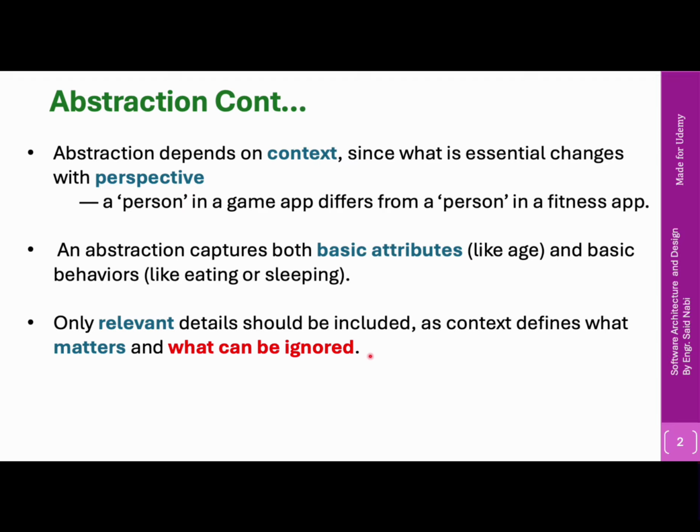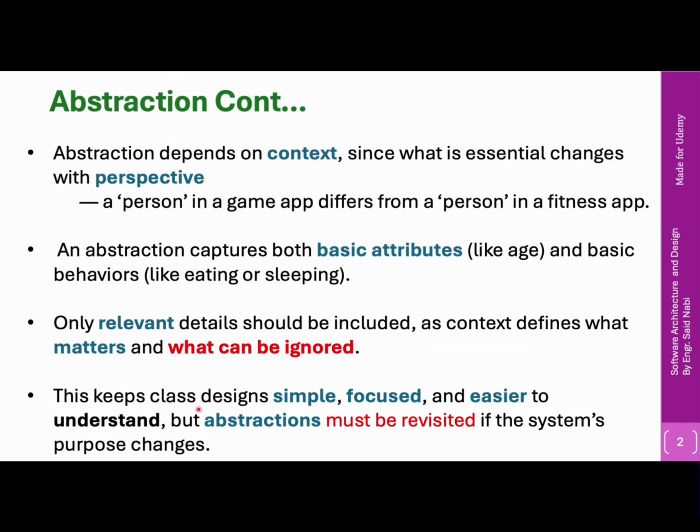For example, if you are developing a university learning management system, you do not need to store all the information about the student, like hair color, favorite food, hobbies. You just have to focus on the essential data, like the name of the student, the registration number, the date of birth, the address, etc. So this keeps class design simple, focused, and easier to understand.